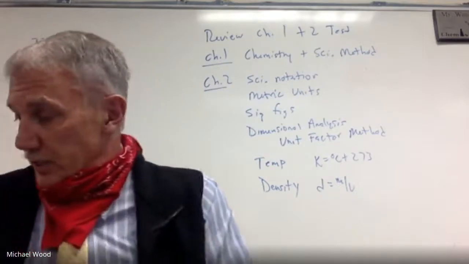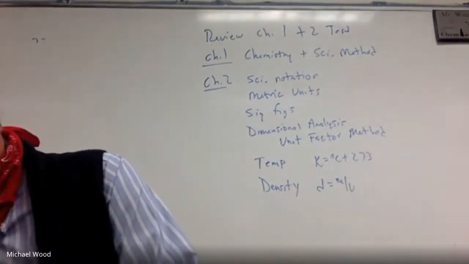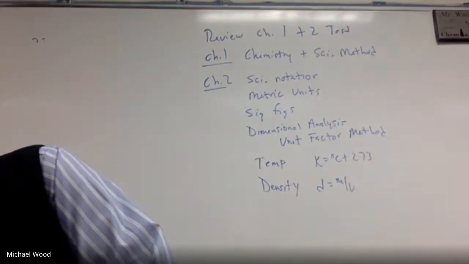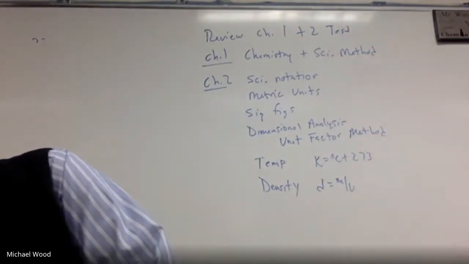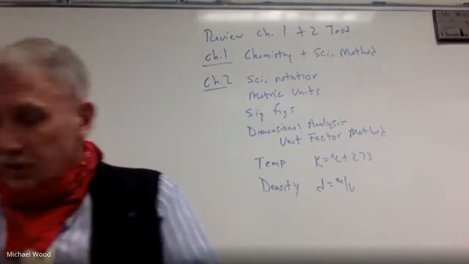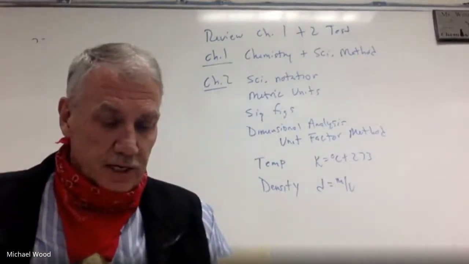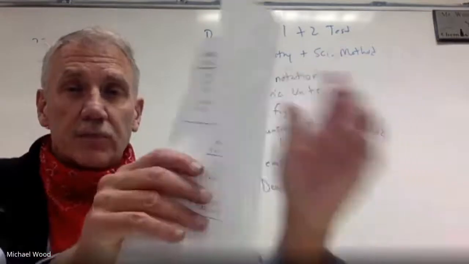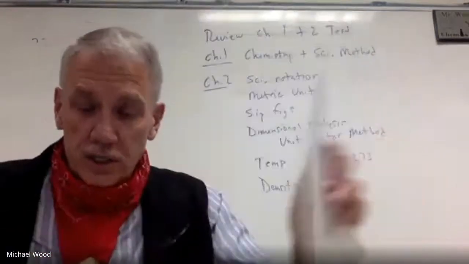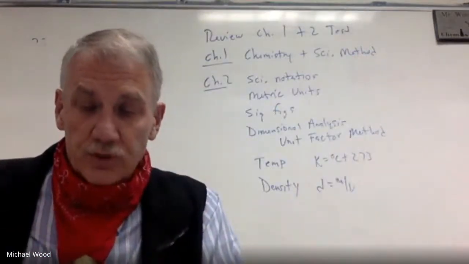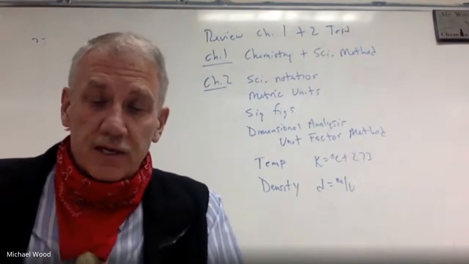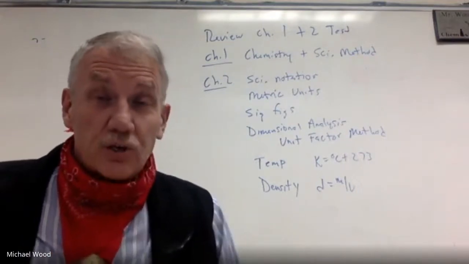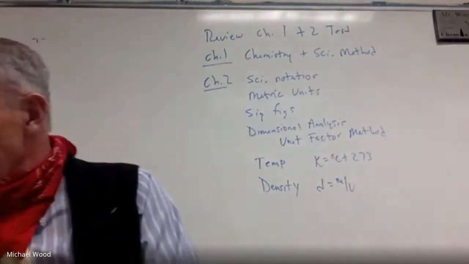What I'm talking about is the sheet that's got all the unit conversions on it. I'm not going to let you use yours, but I'll give you a copy of it. And you won't need the periodic table yet. You will need the periodic table soon, but not yet.